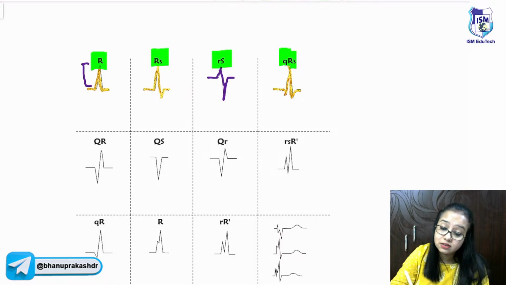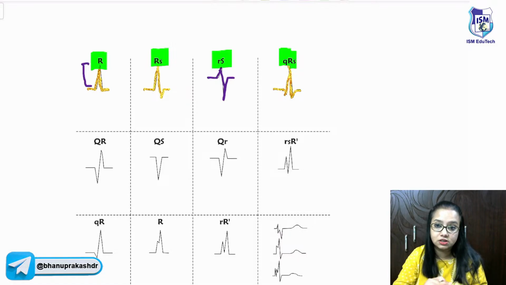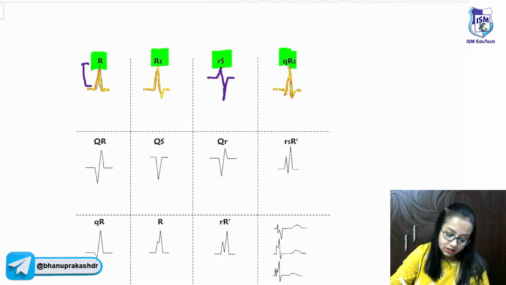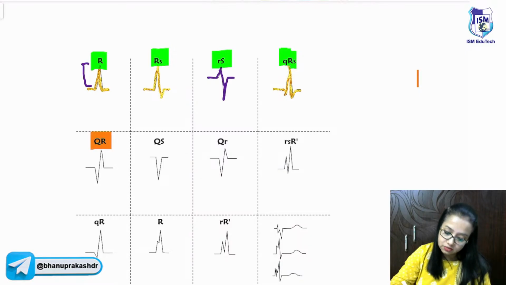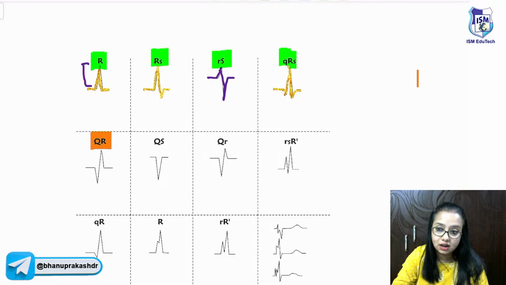The first negative deflection is always Q, and the first positive deflection after the P wave is called the R. Both Q and R are very big in amplitude, occupying many small boxes. So this is called the QR wave.